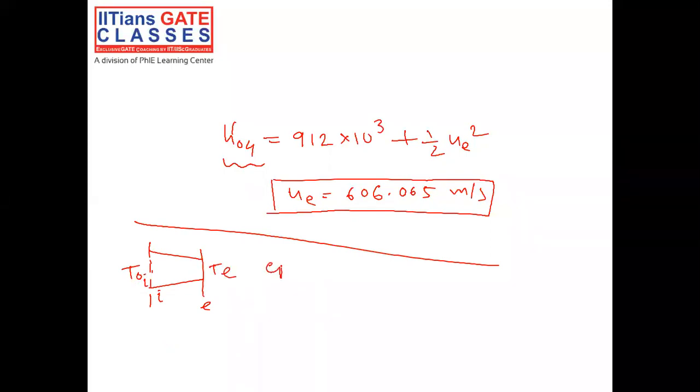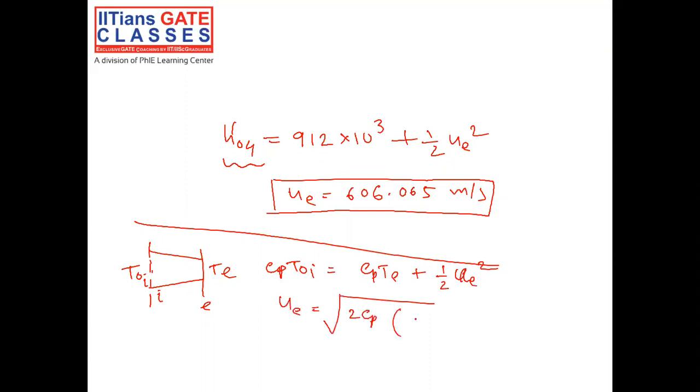So doing energy balance across the nozzle, we will get Cp TE plus half Ue square. So from here we will get Ue as the square root of 2Cp (TOI minus TE).